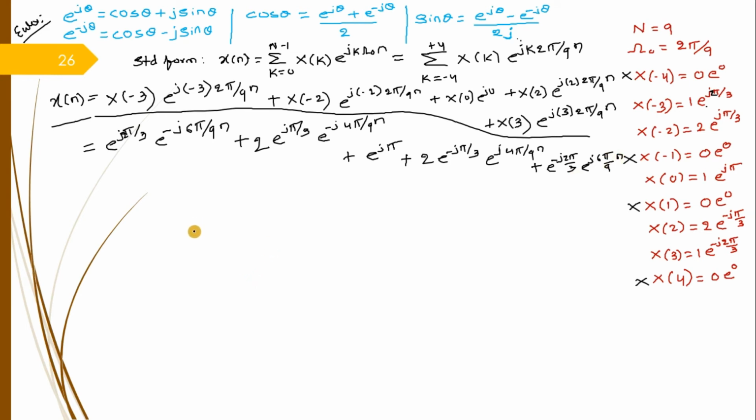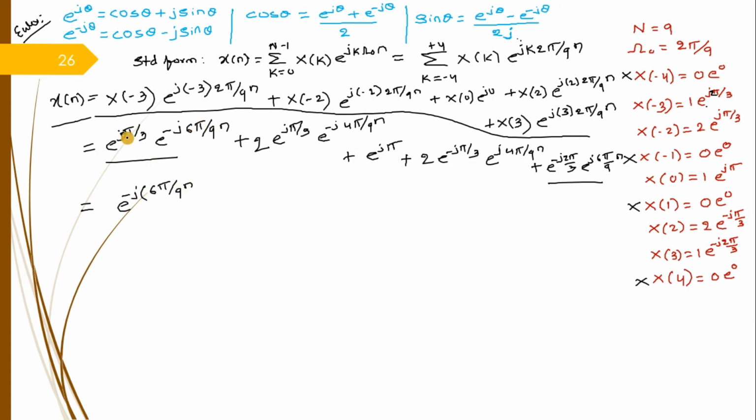Now you need to extract the terms that are somewhat in a similar manner. This term and this term are much similar. So hence I take it and write it together. You just hear how I write it. I write it in this manner: e raised to minus j, I take common, into the bracket. What do I get? I write this one first, 6 pi by 9 n.